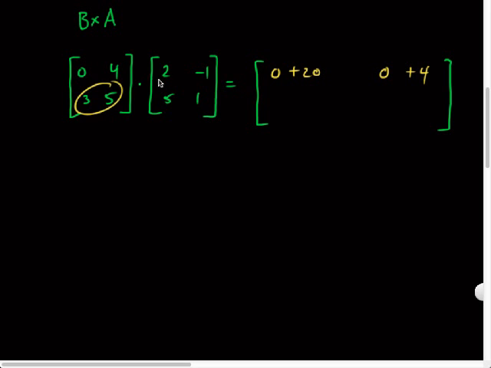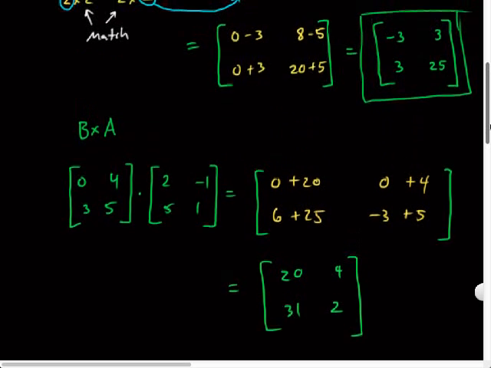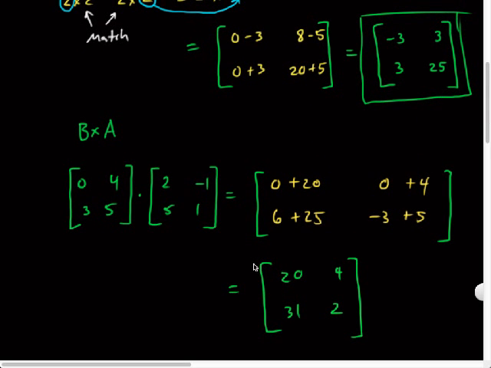Let's see, second row, first column, 3 times 2 is 6, 5 times 5 is 25, and yeah, I think it's kind of becoming clear that this isn't going to work, and this is negative 3 plus 5. And we end up getting equals 24, 31, and 2, which is nowhere close to that other matrix.